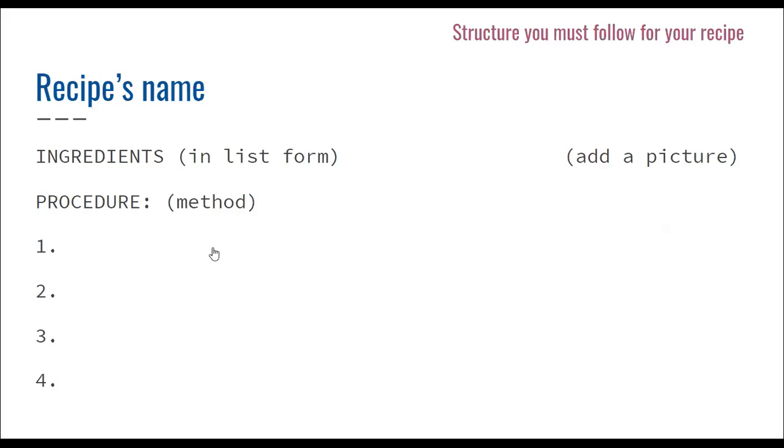Then here we are gonna find a YouTube video which is very related to this. I'm gonna upload a picture so you can see the different vocabulary words that are very useful when explaining the procedure of a recipe.